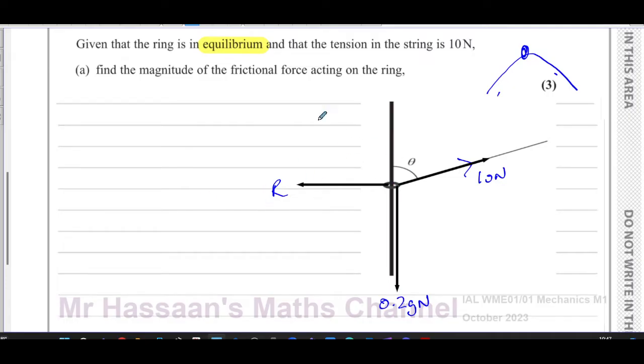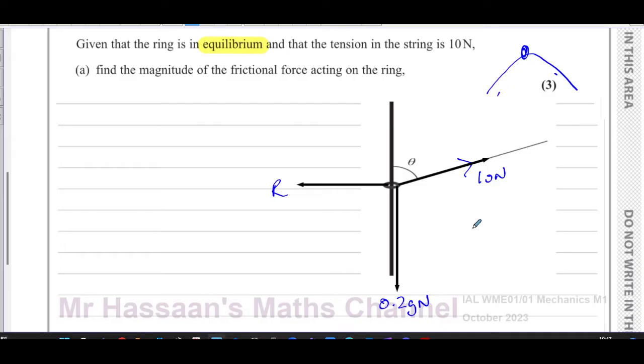If there were other forces acting, like another tension the other way, we'd have to figure out which side the reaction acts on, depending on what it needs to be to keep the ring in equilibrium. But in this case, there's only one force with a component to the right, therefore the reaction must be to the left for equilibrium.